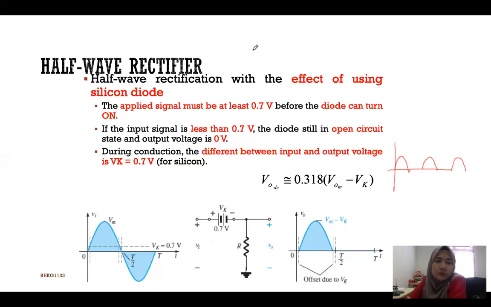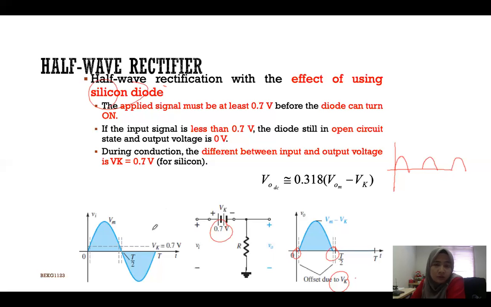However, if you have a silicon diode, meaning you have a 0.7 silicon diode, what happens is that at the output there will be an offset due to the knee voltage, because the knee voltage is 0.7.